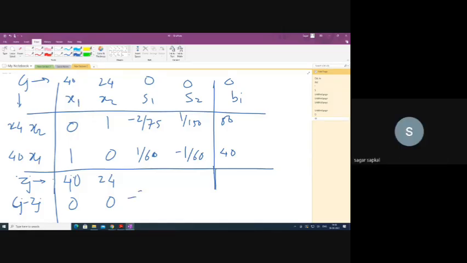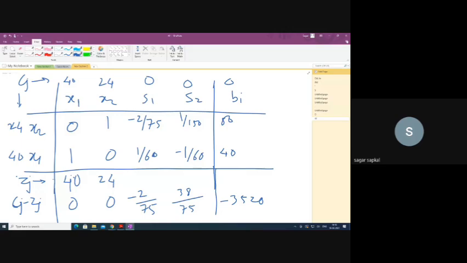Below S2 minus 38 by 75. And what will be this value? 2 by 75 minus 38 by 75. Minus 3520. Is it minus 3520? Yes, sir. So you find out Zj there and subtract it from 0, you will get minus 3520. Am I right?